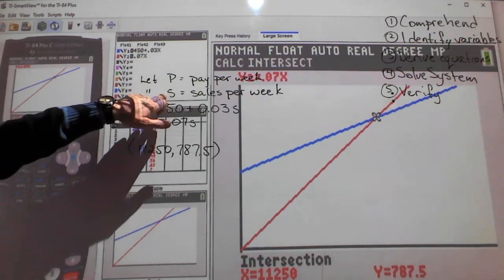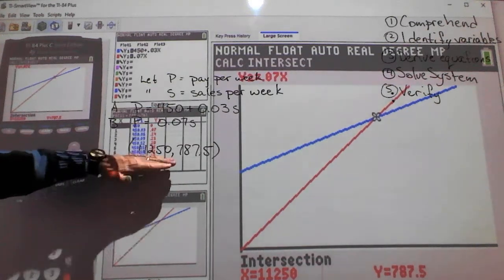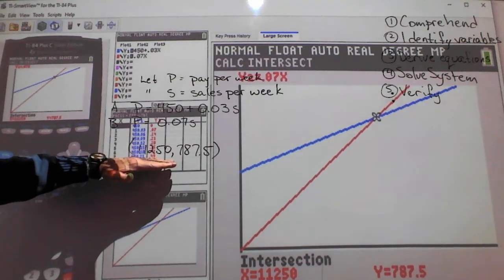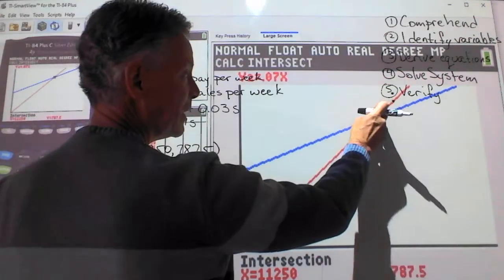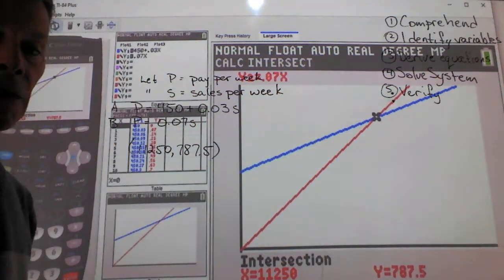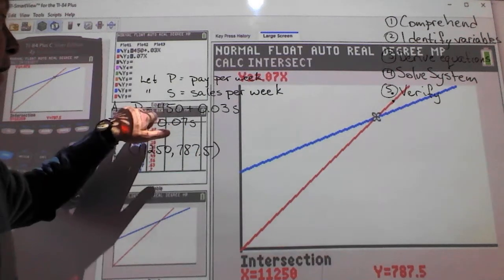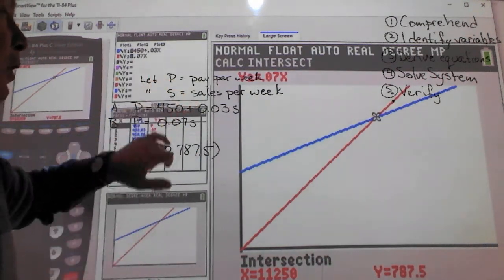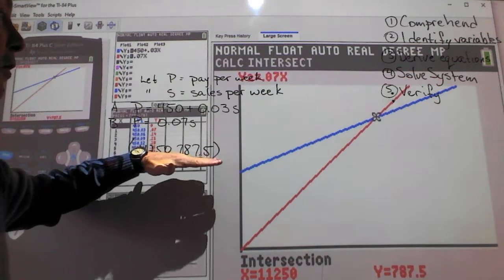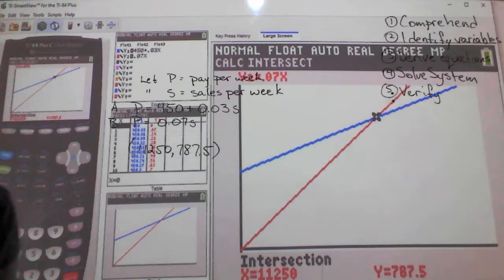Our S, or independent variable, sales, tells us you have to sell $11,250 worth of electronics equipment in order for both plans to be the same. Remember, the intersection point is where they're the same. And your earnings, your dependent variable or your pay per week, means you will earn $787.50. Okay? We'll go back to our problem.